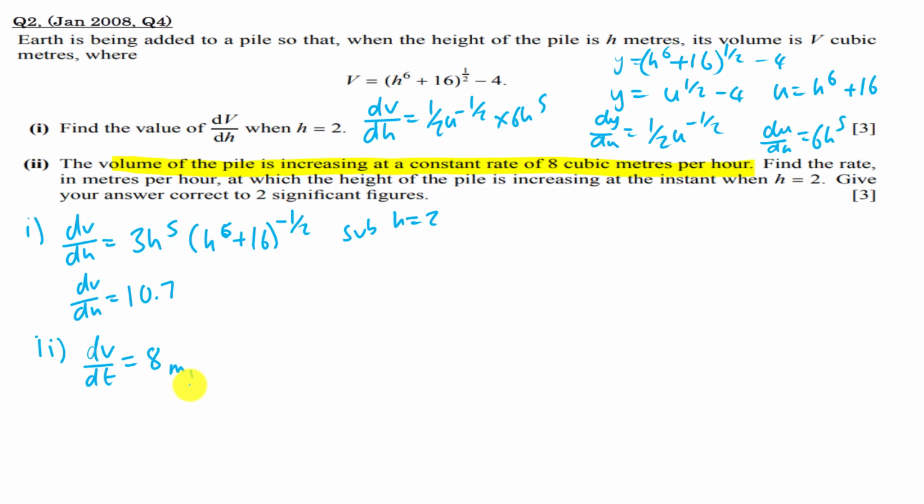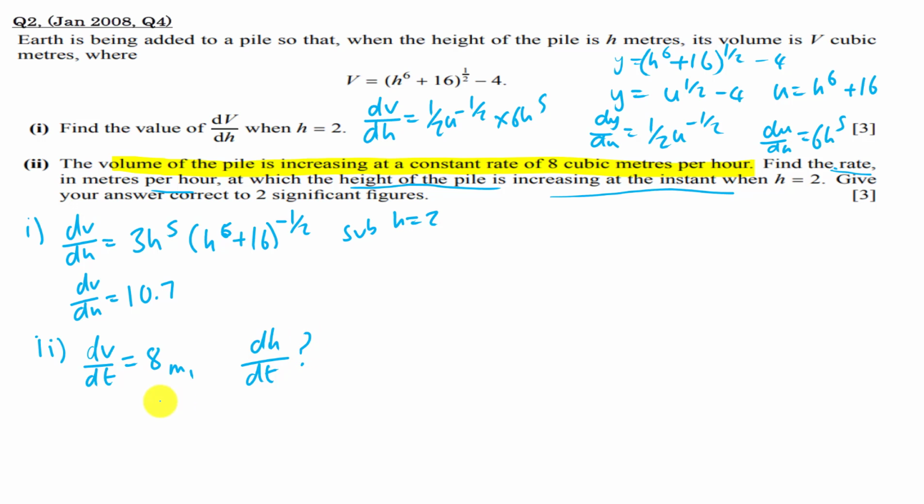Now this second part, it's saying find the rate in meters per hour at which the height of the pile is increasing at an instant when h equals 2. So we are essentially trying to find dh over dt.